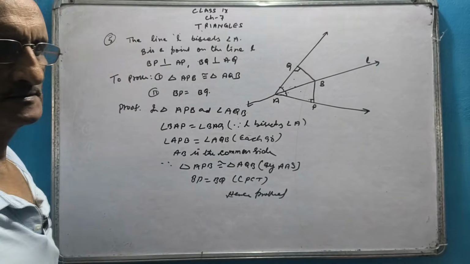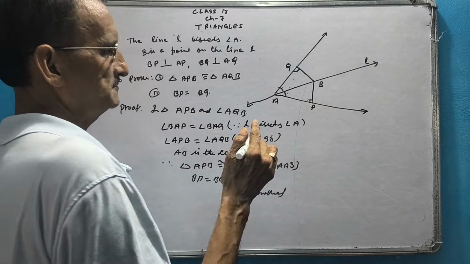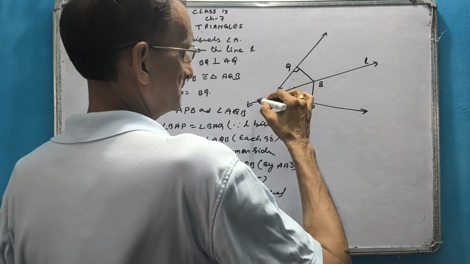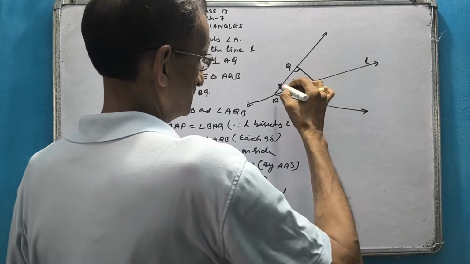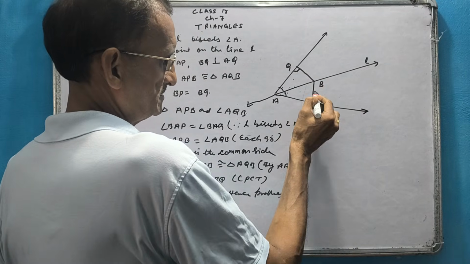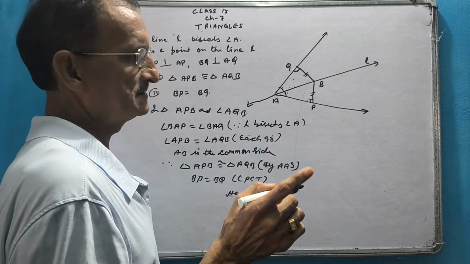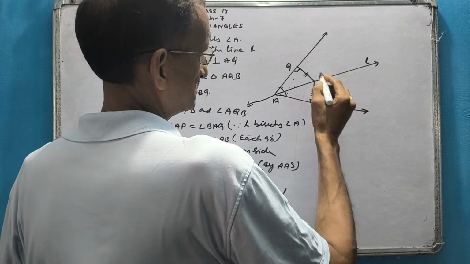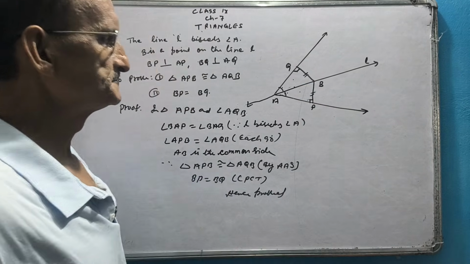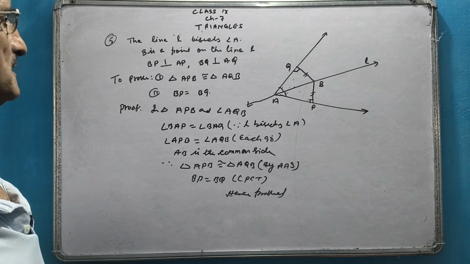I can use a theorem also. See, any point on the bisector of an angle is equidistant from the arms of the angle. Can I repeat? Any point on the bisector of an angle is equidistant from the arms of the angle. So this can be used as a theorem also to prove the other sums.